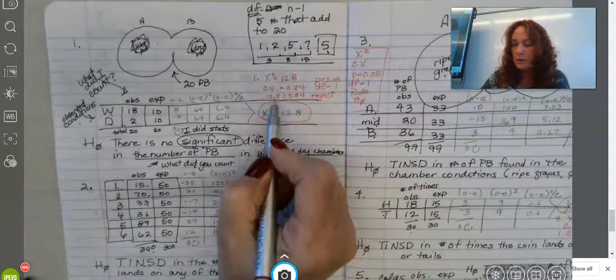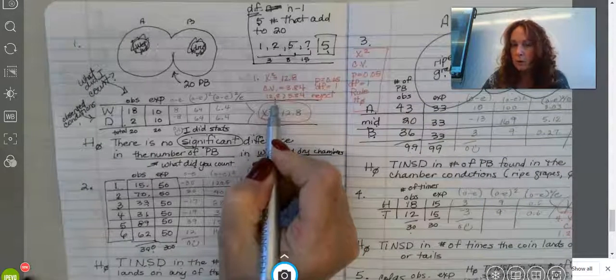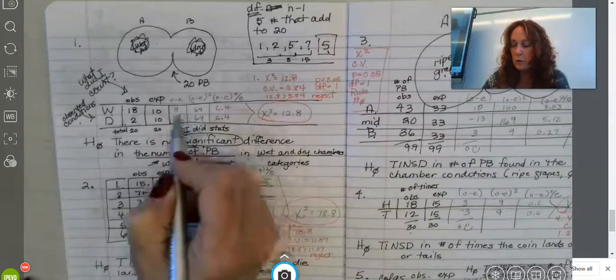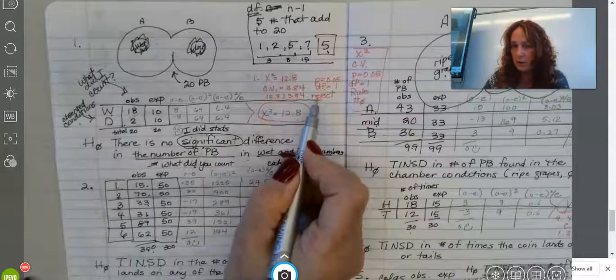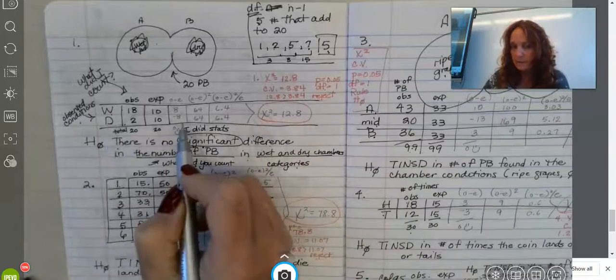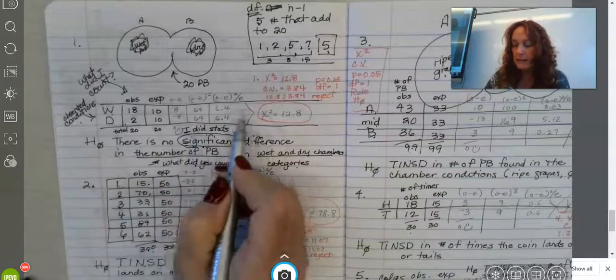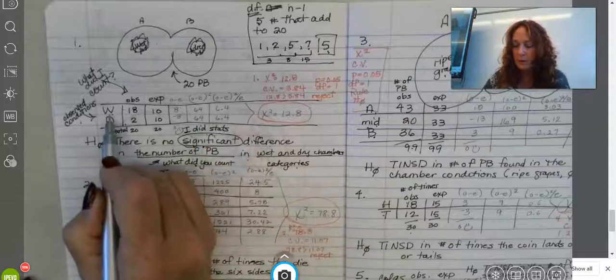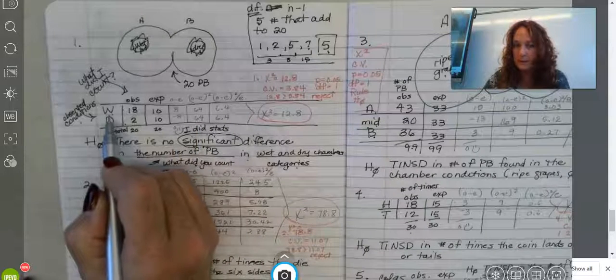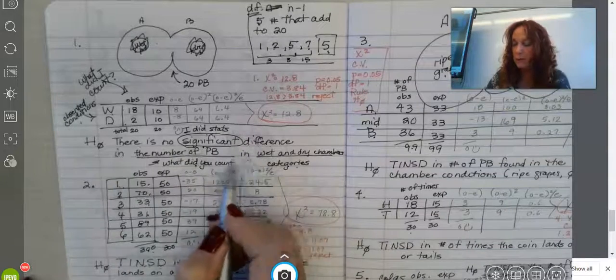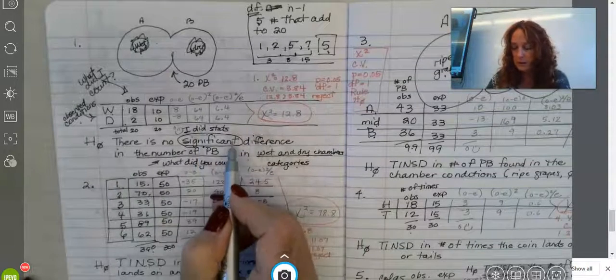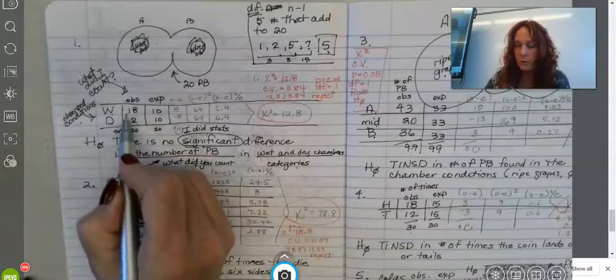So these differences are too large to accept that there's no difference. So I reject that there's no difference, which means there is a difference. So in this particular case, that would mean there's a preference for this wet side, because when you say there's no significant difference, this fails. There is a significant difference with the preference for wet.